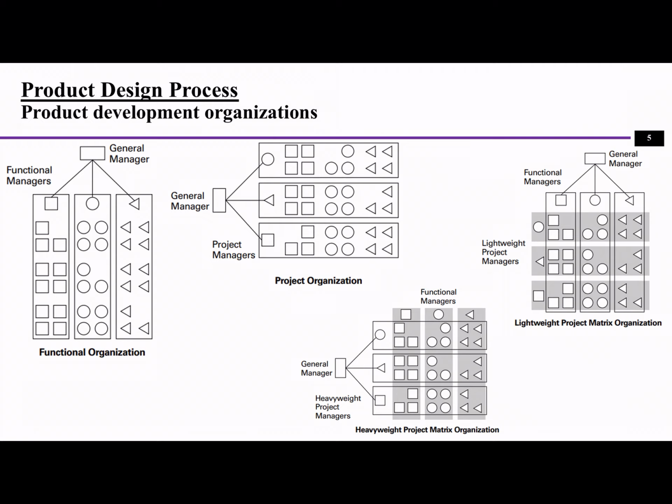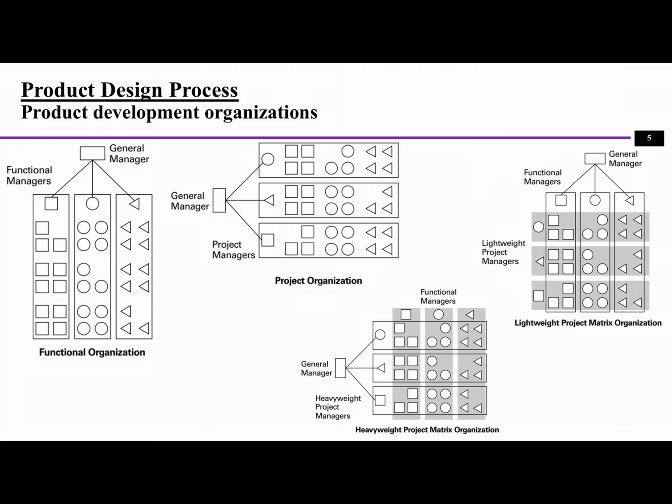Matrix organization means that they're going to have managers not only in each of the functions, but also for each of the projects. For example, in the two charts to the right, you can see that the general manager manages either functional managers or project managers, and for each of the functions they also have managers.